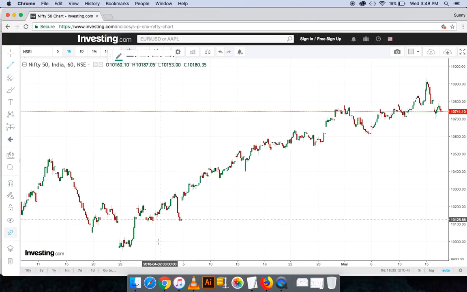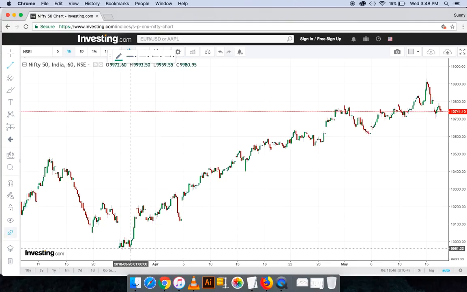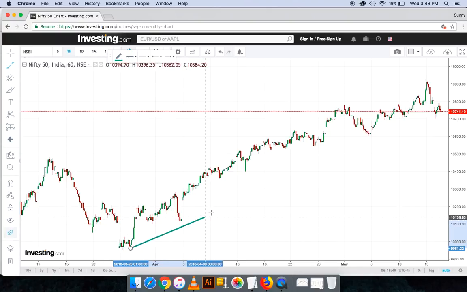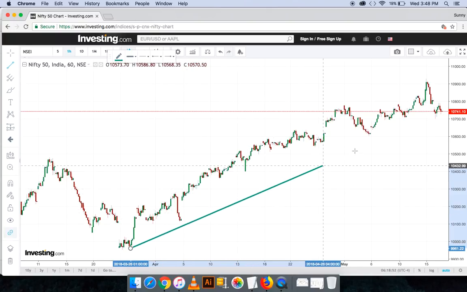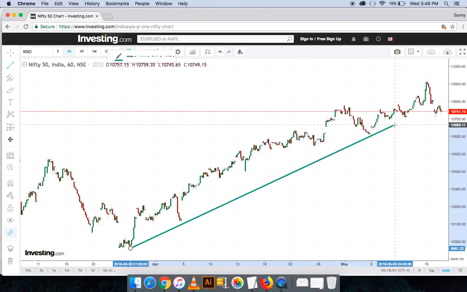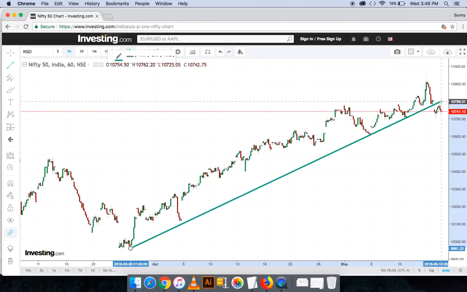If you can see here, this was the lowest low in this entire trend. So I'm going to mark this as my swing low, and I'm going to start my trend line from there. I'm going to go up, up, up, and connect this.